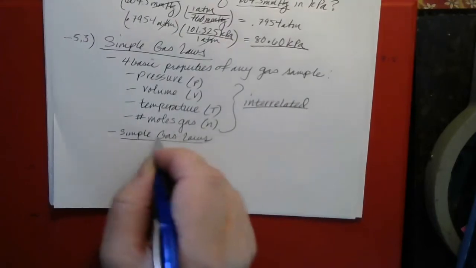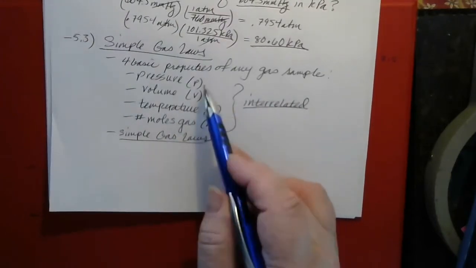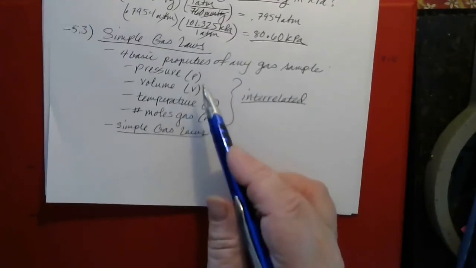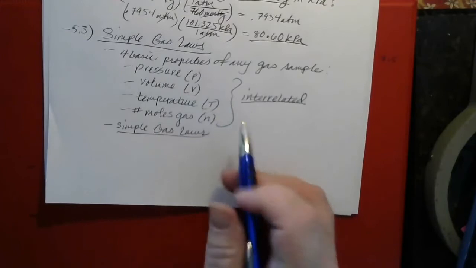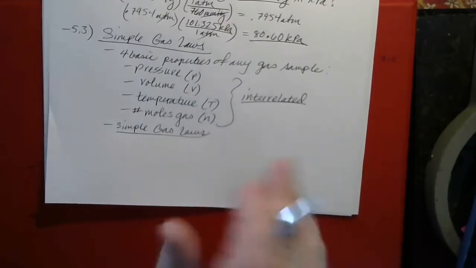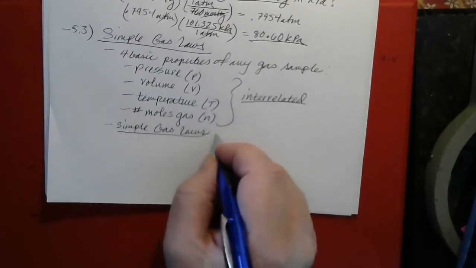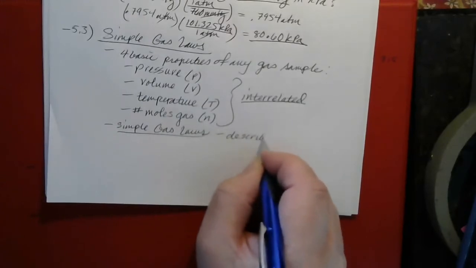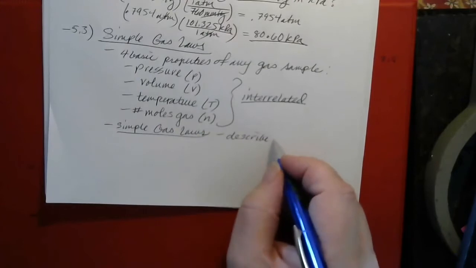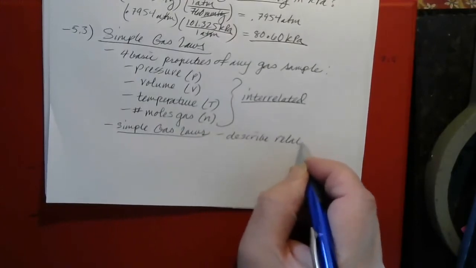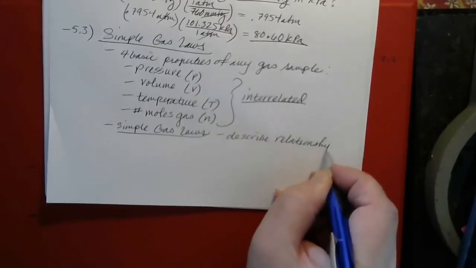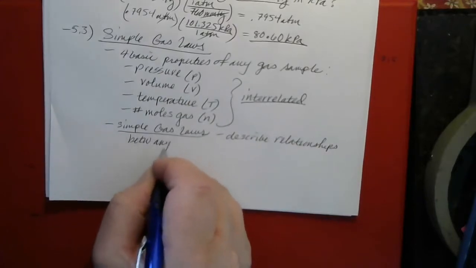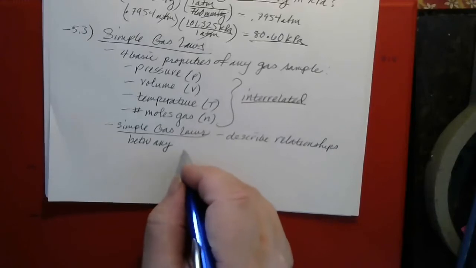The simple gas laws are about taking any 2 of these variables and changing one of them and seeing how the other one changes, while holding the other 2 constant. So the simple gas laws describe the relationship basically between any two of these properties.